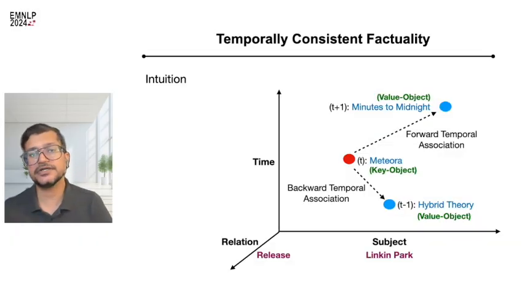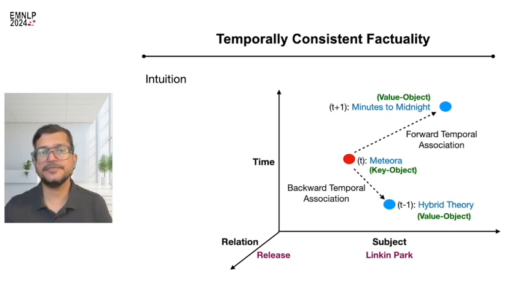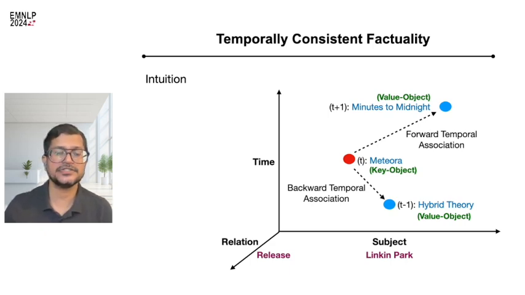Before setting up the formal task structure and the associated dataset to evaluate LLMs for these traits, let's look at the intuition behind it. Let's hypothesize the model's hyperspace is three-dimensional, where the first and second dimensions are represented by a subject and a relation, and the third dimension is represented by a temporal axis.